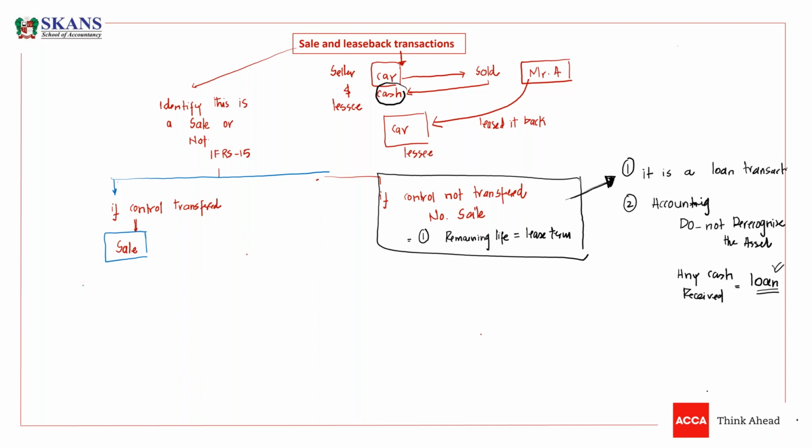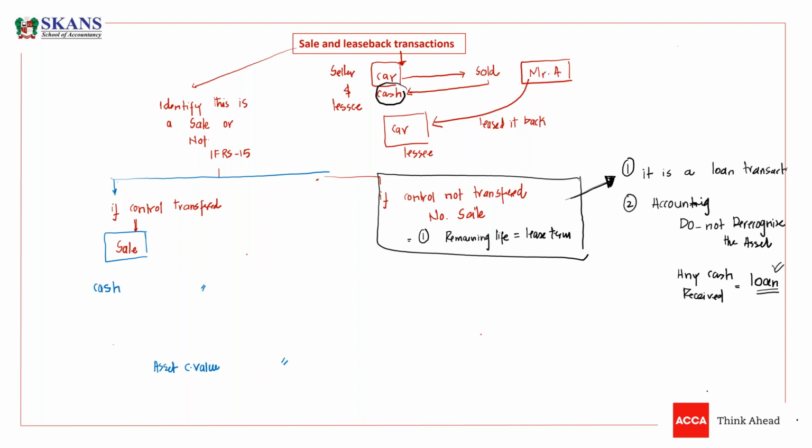You have to de-recognize the asset. So you are going to credit the asset's carrying value. Any cash received is the disposal proceeds, means you have received some cash and the cash will be on the debit side.